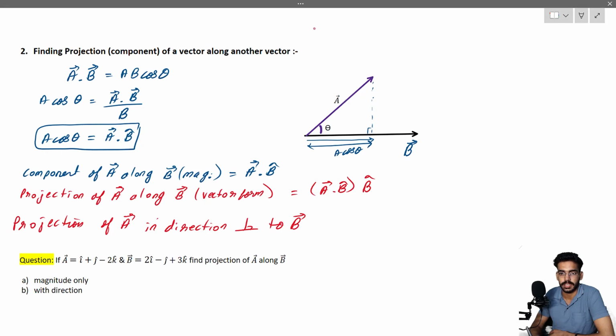Magnitude and direction, right? If now I want to find out this vertical projection, okay, perpendicular projection. So what it will be, I can say from here that this horizontal projection plus vertical projection equals the vector, right? So what will be the vertical projection? The vector minus this horizontal projection, right?